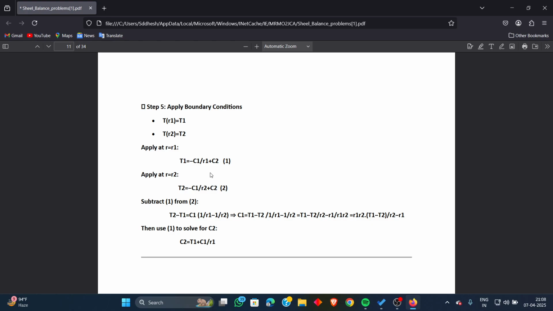Apply at r equal to R1: T1 is equal to minus C1 upon R1 plus C2. Apply at r equal to R2: T2 is equal to minus C1 upon R2 plus C2. This is the second equation.